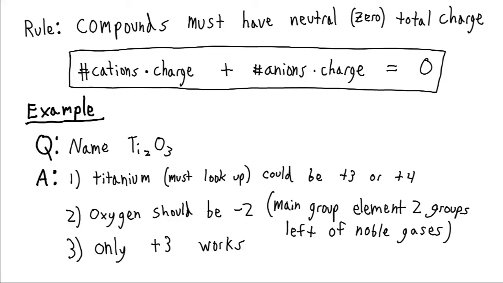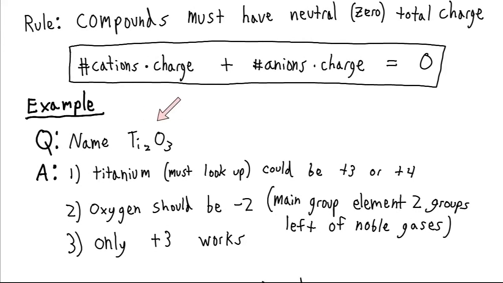Well, we know that oxygen should be -2 because it's a main group element and it's 2 to the left of the noble gases, which means it would like to pick up 2 extra electrons. So in order for this to be the compound, we find that only +3 works. And let's just confirm that.